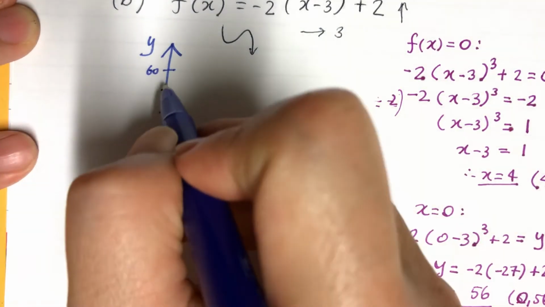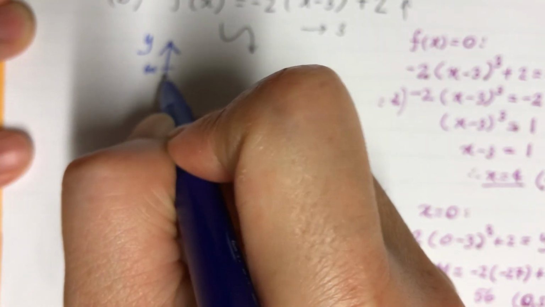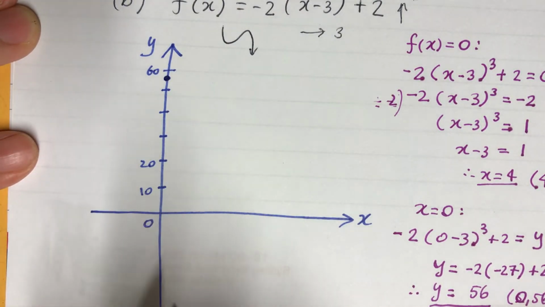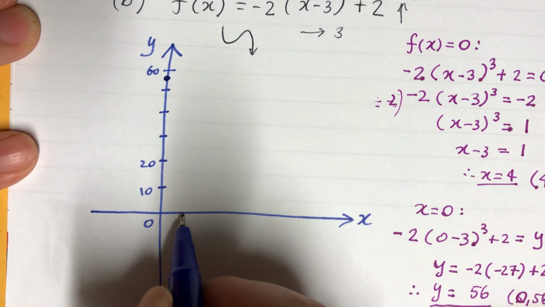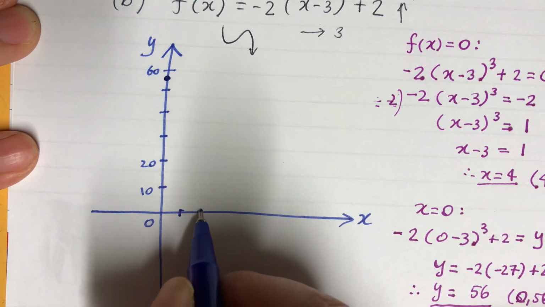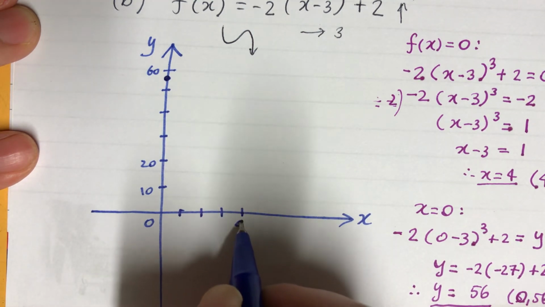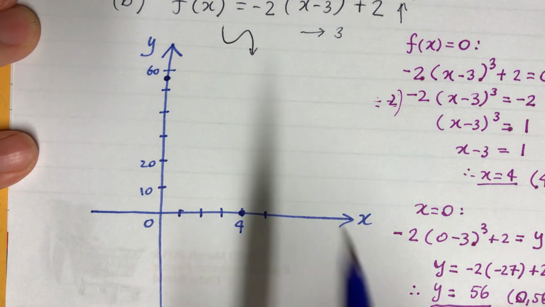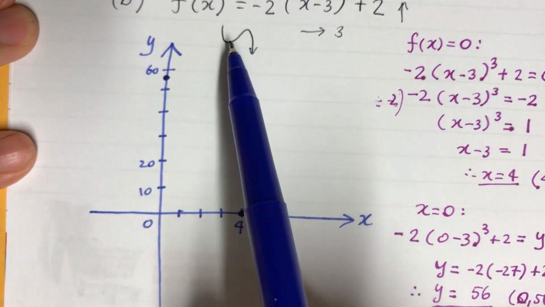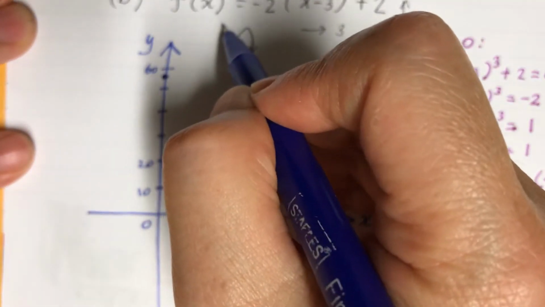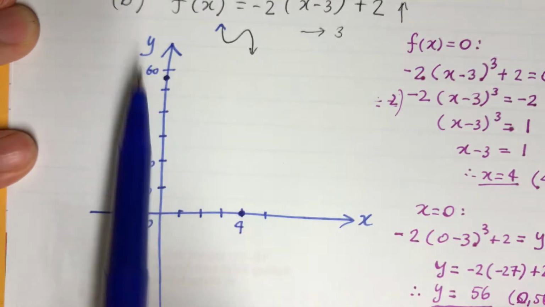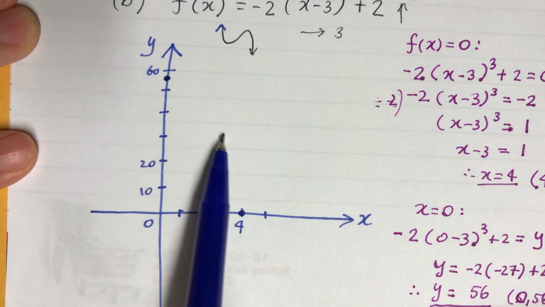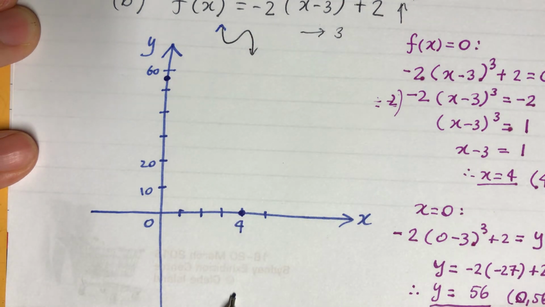So 56 will be roughly here. And then you don't have to have the same scale on the x-axis and y-axis. So I'm going to go 1, 2, 3, 4. Going to go like that. Something like that. So we know this is going to come down. Remember, this has to be, and then it's coming down. It's going to hit the 56 and then go down to here, right there.